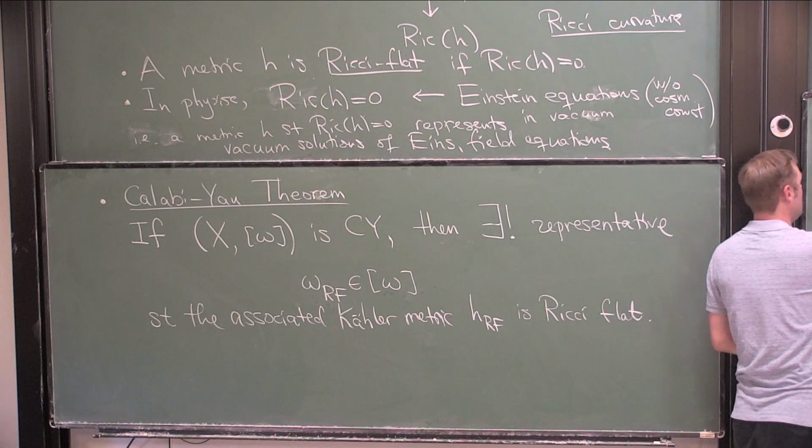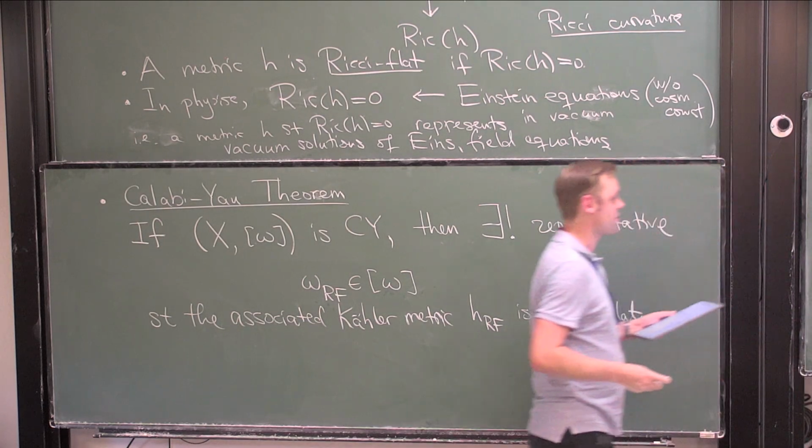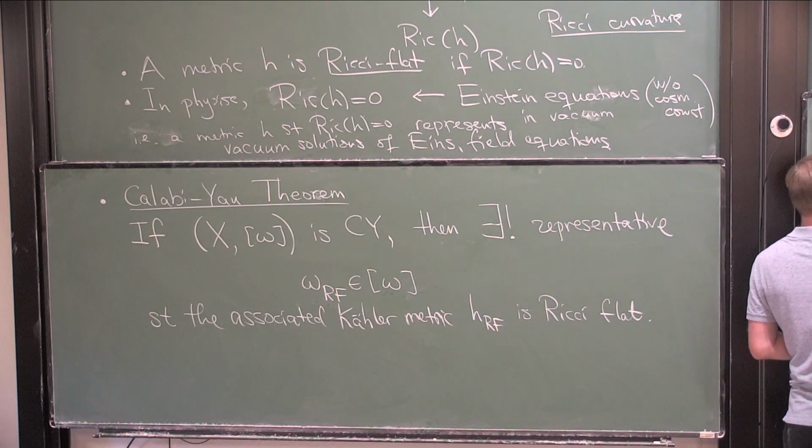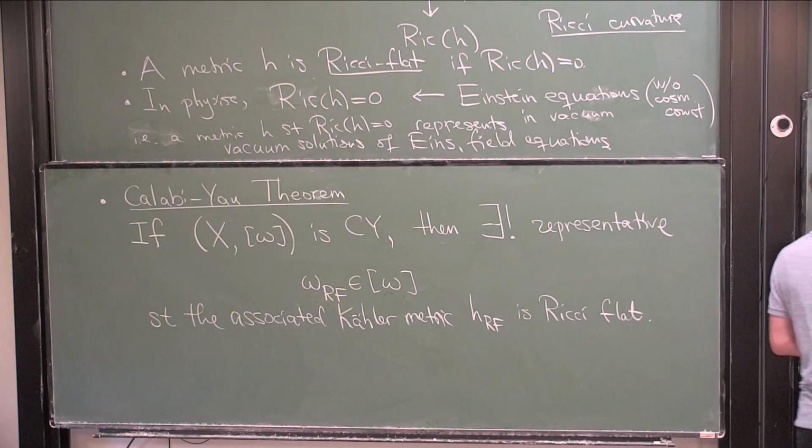The other example of a Calabi-Yau manifold that we had was this quintic threefold, and for it, the situation is completely different.